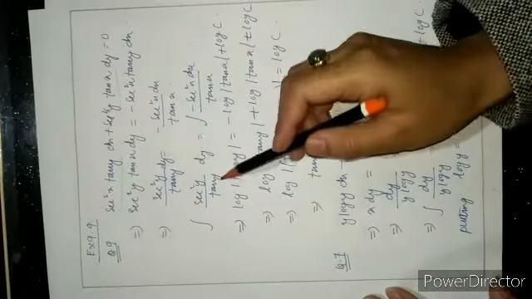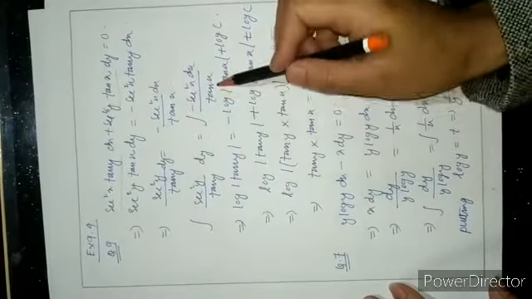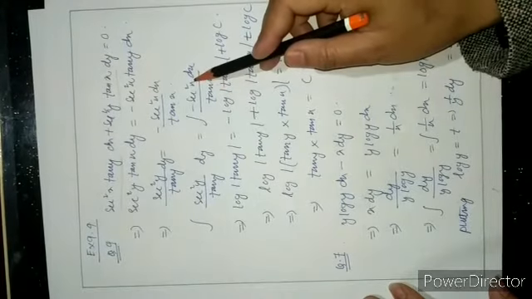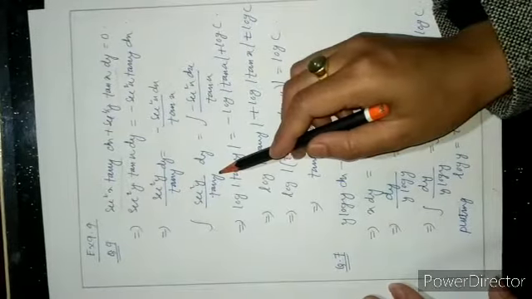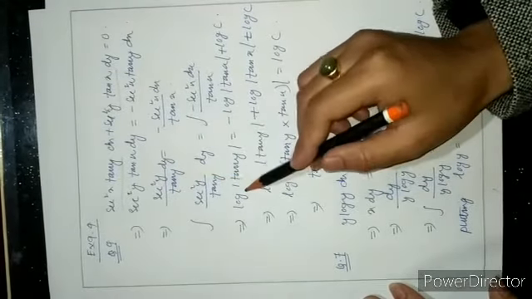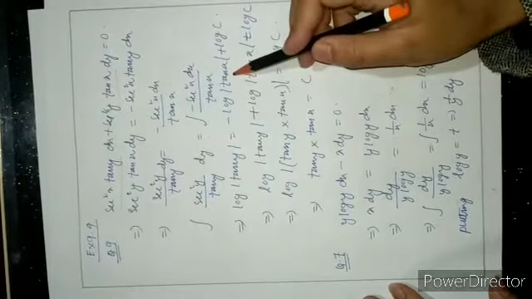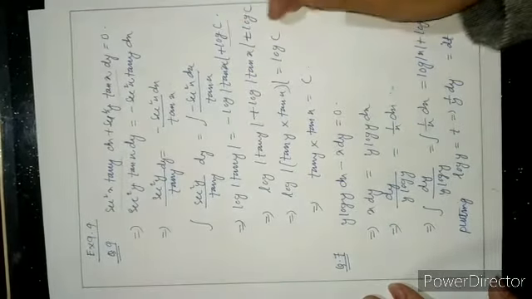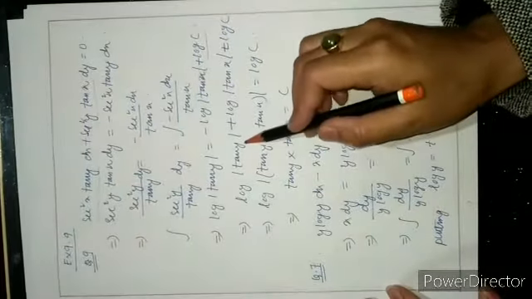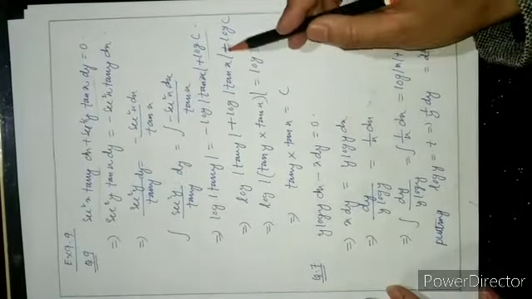By the integration rule, since the derivative of the denominator tan y is sec square y, and the derivative of tan x is sec square x, the derivative of the denominator is the numerator. So the integration of the function is log modulus of tan y is equal to minus log modulus of tan x plus log c. Transposing, log modulus of tan y plus log modulus of tan x is equal to log c.